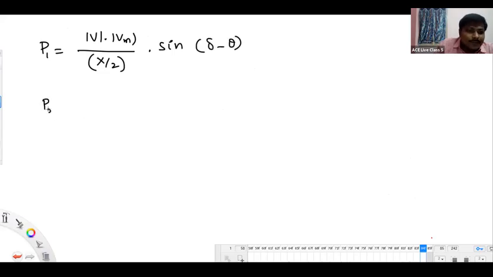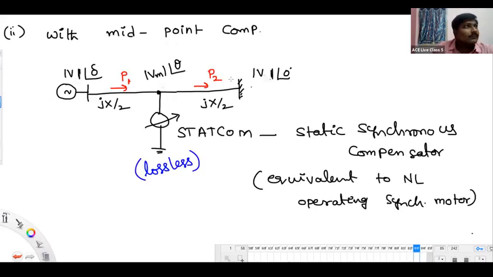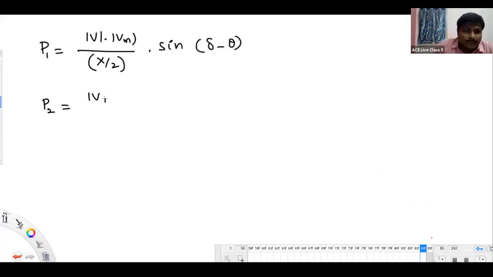And what is the equation for P2 here? Kindly observe P2: mod Vm, mod V by x by 2 into sine of theta minus 0.